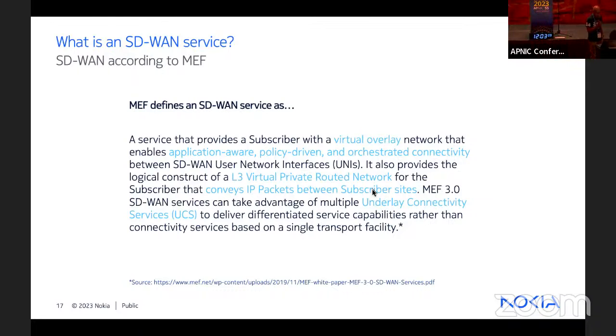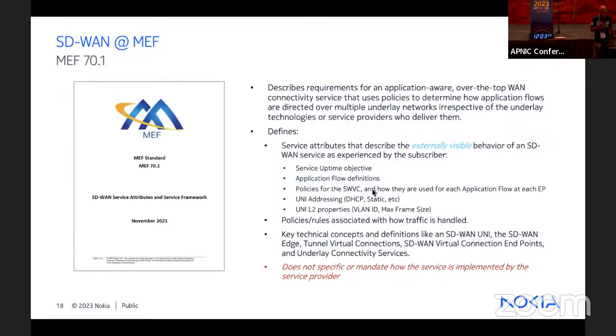Okay. But you can see why there's a lot to it, right? So it's not easy to describe what SD-WAN is without going into the capabilities of an SD-WAN service, which is why I listed them down in the last two slides there. Okay, so the work that has been produced by the MEF includes one standard that's been released.